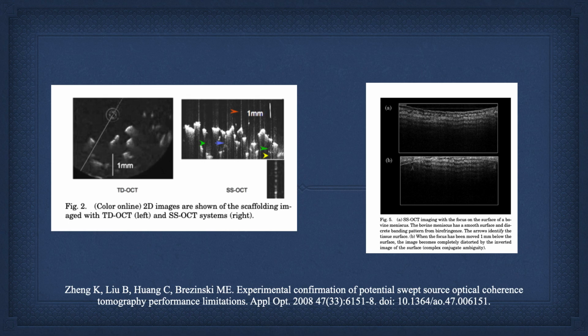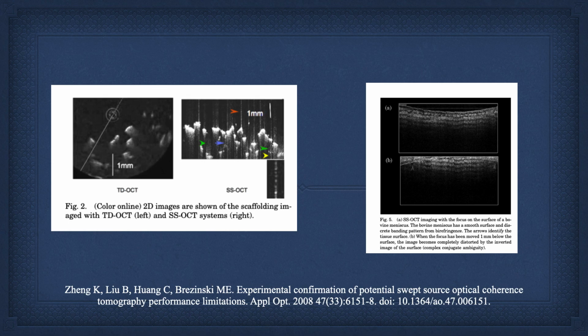And you see in the SS-OCT image, it's not as sharp. The different color arrows are different types of errors that are occurring in the signal. And so we've shown it from an experimental standpoint.